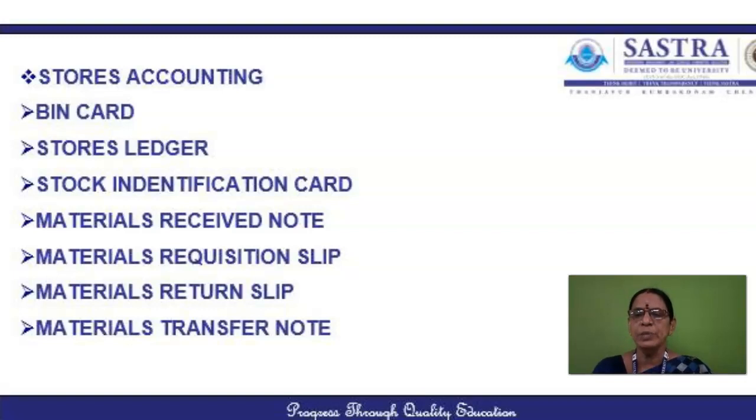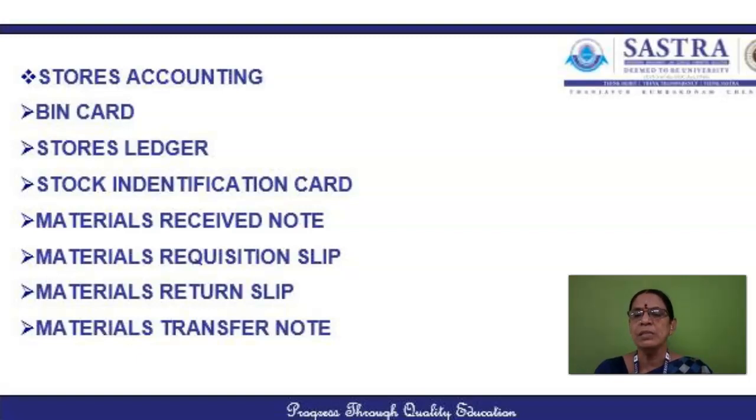So at any given point of time, the balance of materials in quantity can be easily referred with the help of this bin card. In this bin card, the levels of the inventories will also be mentioned. Say the maximum level, the minimum level, reorder level, danger level, average stock level, all these levels are maintained in the bin cards.